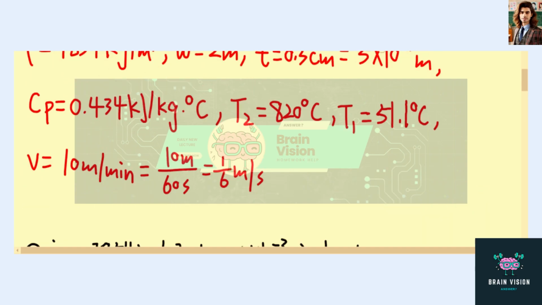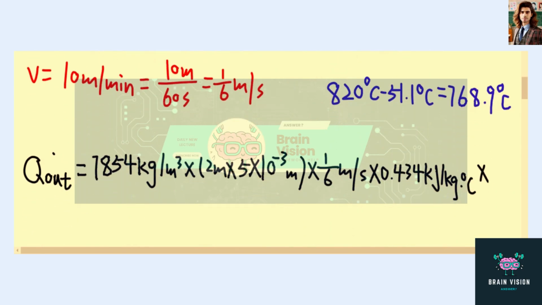So 820 degrees Celsius minus 51.1 degrees Celsius is about 768.9 degrees Celsius. So therefore, we know the change in temperature is 768.9 degrees Celsius.